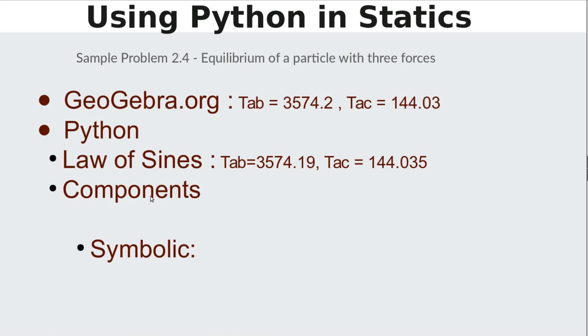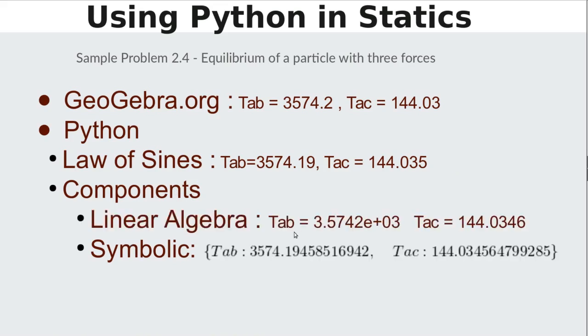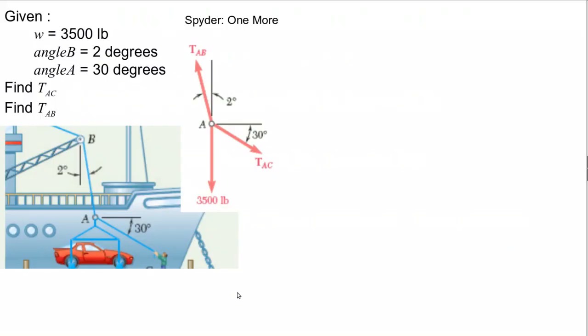And we looked at components. When we did components, we had 2 equations and 2 unknowns. So I did a linear algebra solution and a symbolic solution, and got the same numbers that we had before. There's still another way to do it.